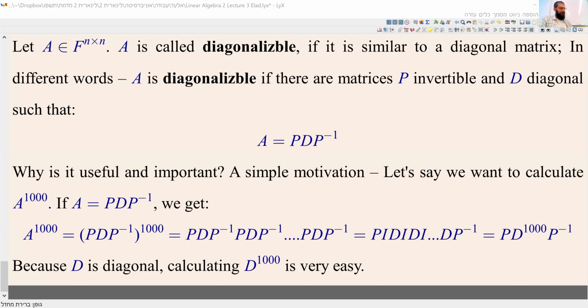How do we check if a given matrix is diagonalizable before we start the diagonalization process? So these are our two questions. I want to answer them, and then we'll have an example.